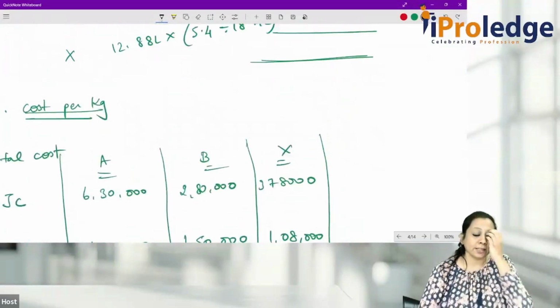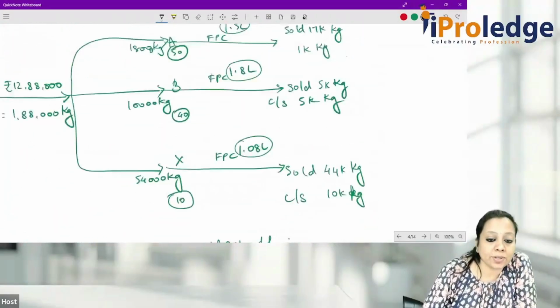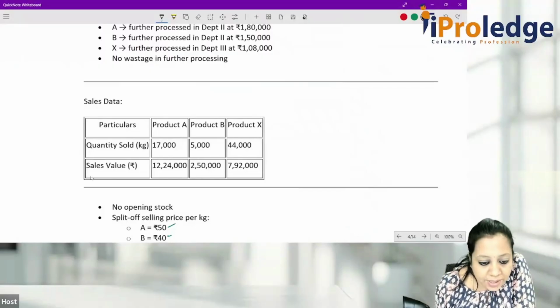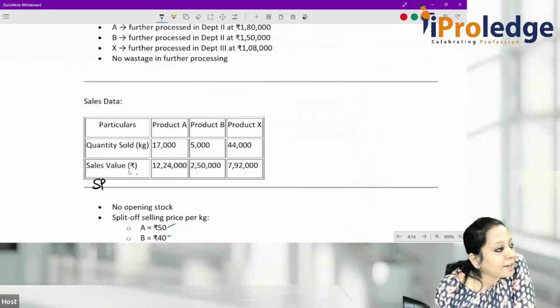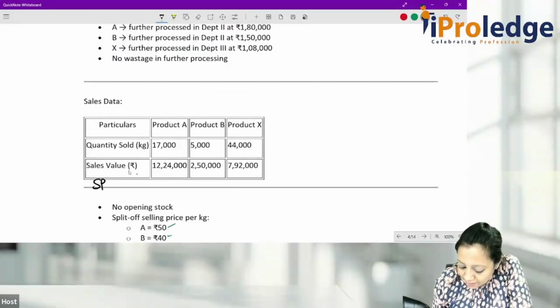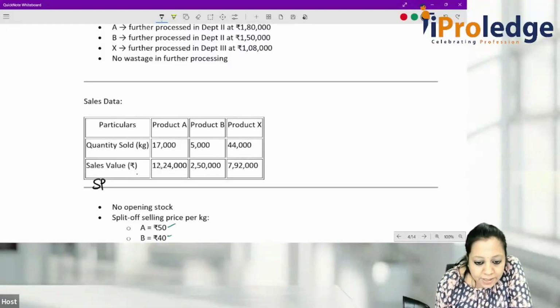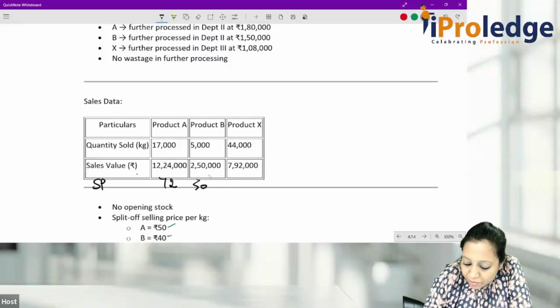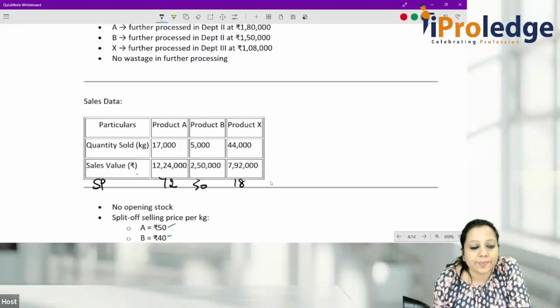That is why I went to the question. It was reconnecting, so again, I'm going back to the question. Selling price. Can I find this out here? Sales value divided by quantity sold. How much is that, Mark? 1,24,000 divided by 17,000. 72. 2,50,000 divided by 5,000. 50. 7,92,000 divided by 44,000. 18.